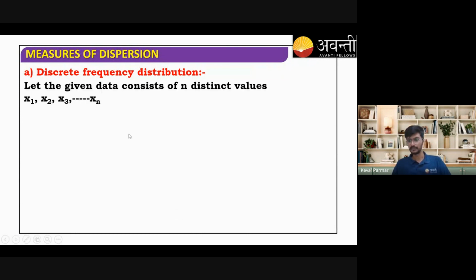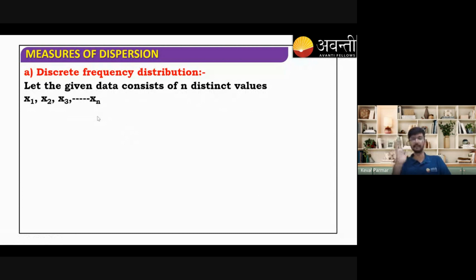Let's continue. So here, the given data is, just a second, I'm checking. So yeah, the given data consists of, correct.